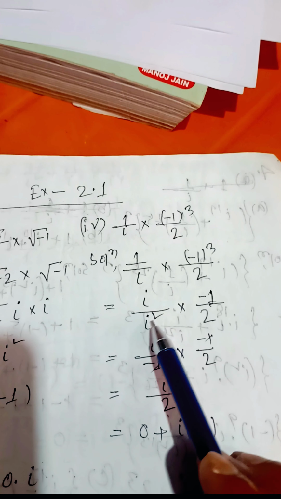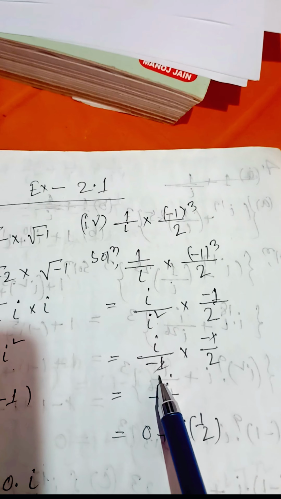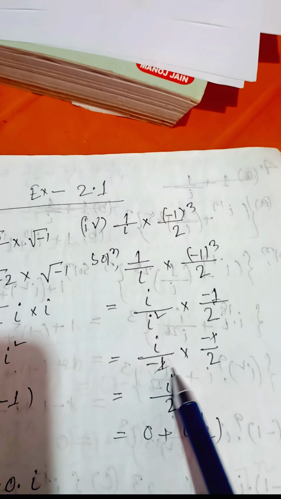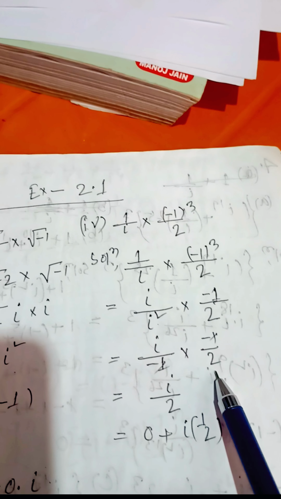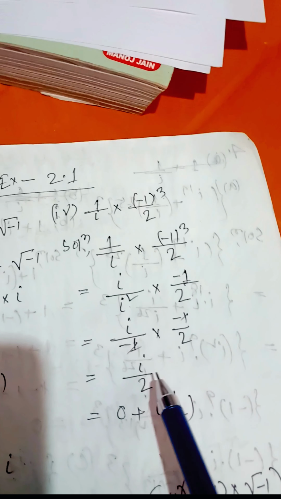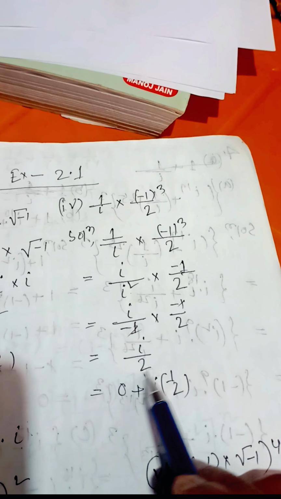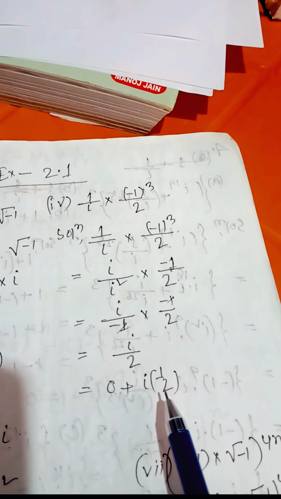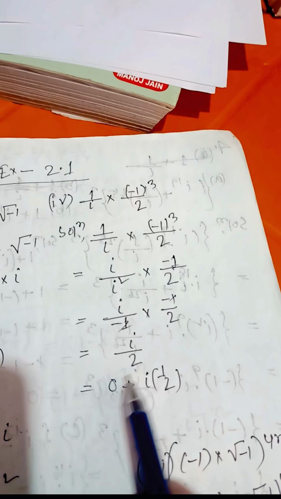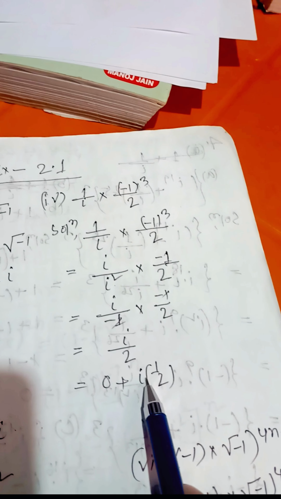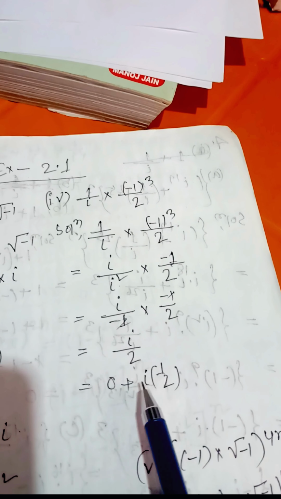If I put the value of iota square as minus 1, we get minus 1 by 2. So minus 1 is cancelled, giving iota by 2. If we change this into a complex number, it is an imaginary part, but there is no real part. So 0 is the real part plus iota into 1 by 2, which is the imaginary part. Now all is a complex number.